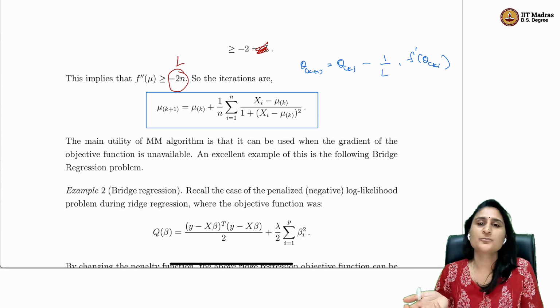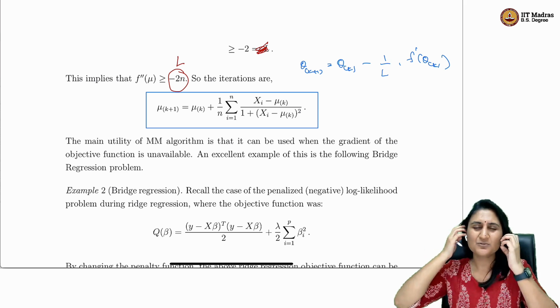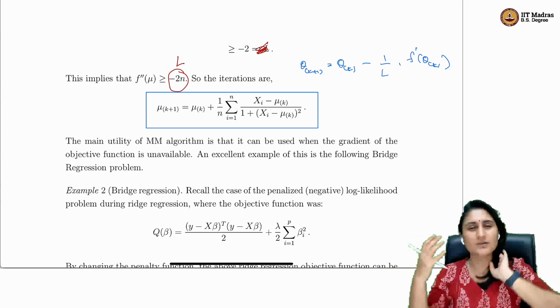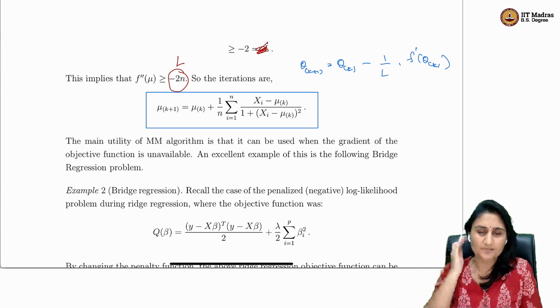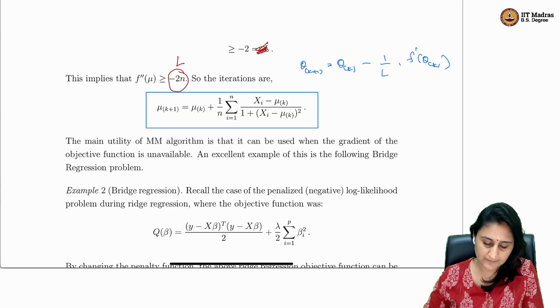But often you're not going to be able to find the L, the lower bound. But more than that, a lot of the utility of the algorithm is for situations when you don't have the gradient vector available. Because if you have the gradient available, you can implement gradient ascent without much thought, without much sort of calculations to do, and it does become quite easy.